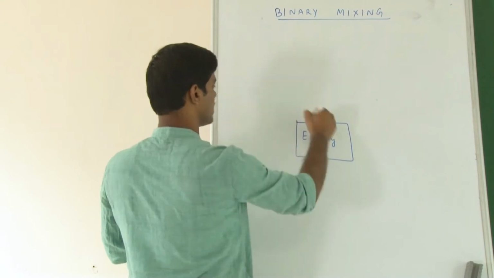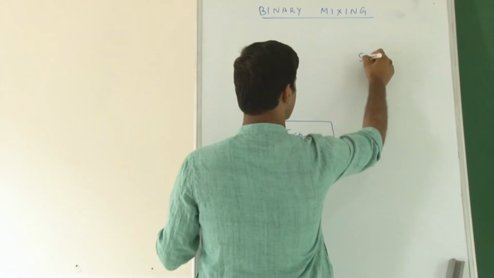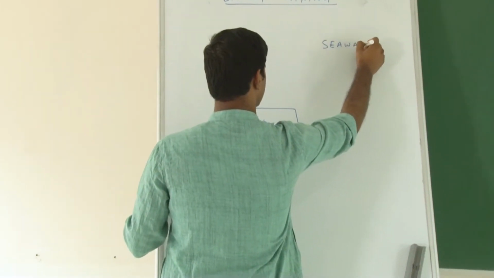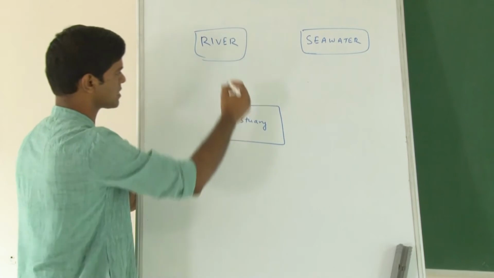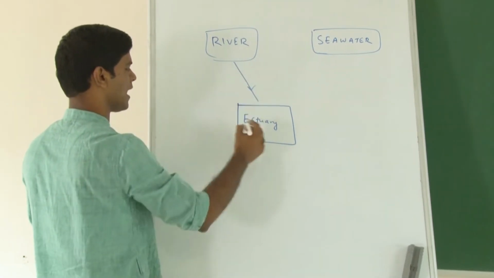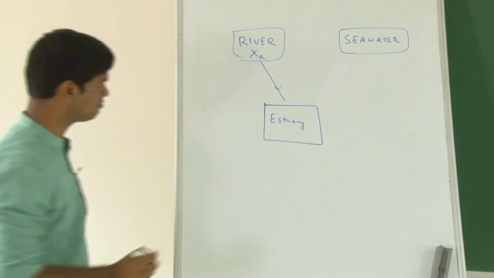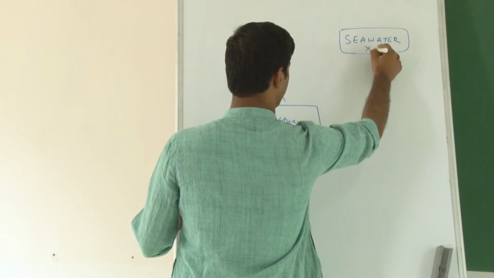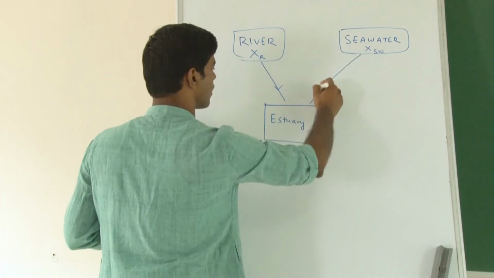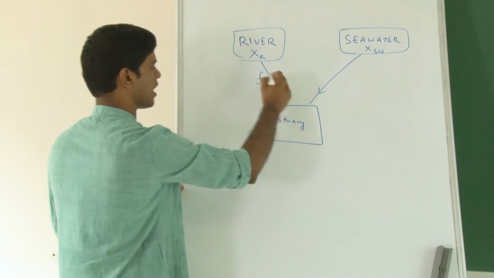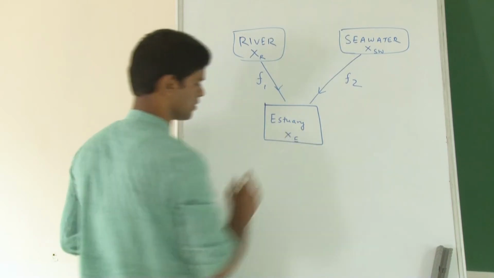So, an estuary is a mixture of river and sea water. Now, this mixture was created because an element X that is there in river, and element X in sea water, mixed in particular fractions to form the estuary, right.